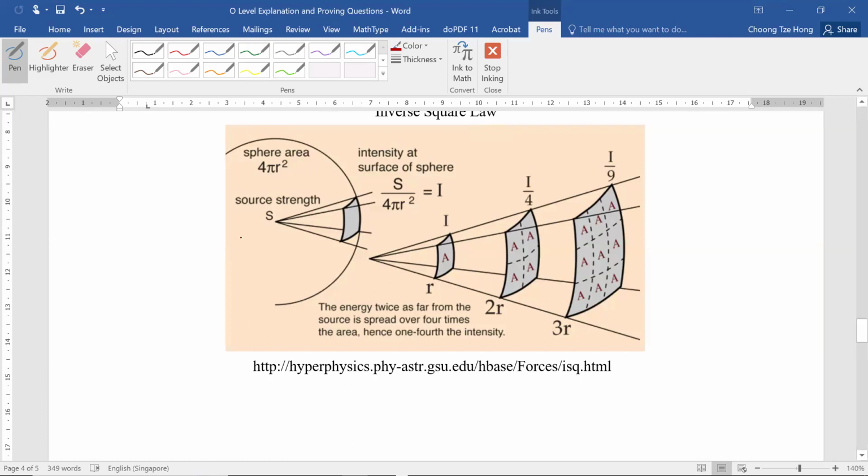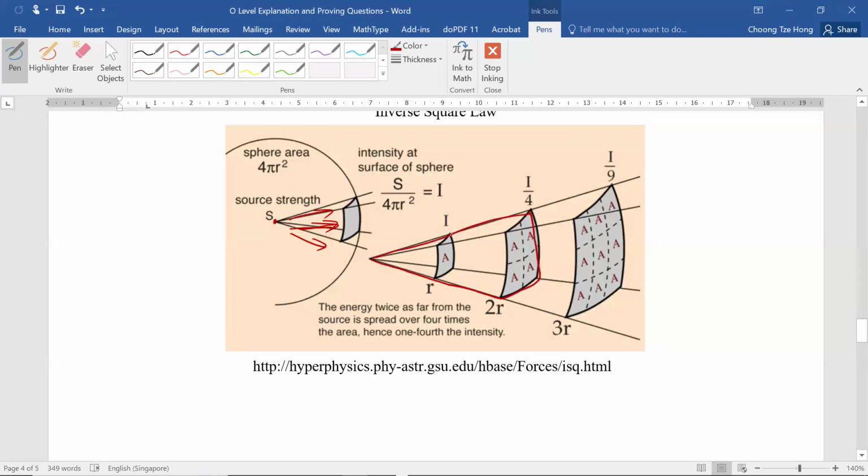Let's say the source of radiation is at the center over here, radiating out in all directions like this. When the distance is doubled, let's focus on this particular shape.